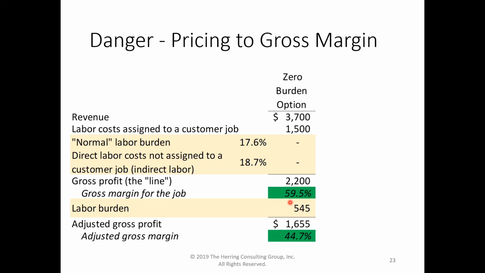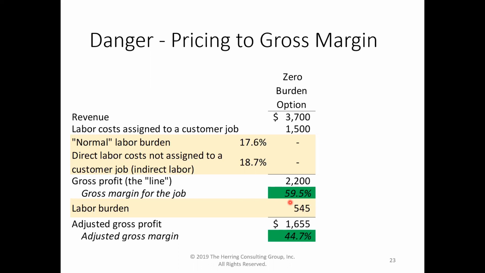These are made up numbers. And so this zero burden option company is going to show a gross profit margin of $2,200, 59.5% gross profit margin. So you might have an account manager come into your company if you're in this situation and say, 59-point margins, we can't sell for that. We've got to be at 44 points.